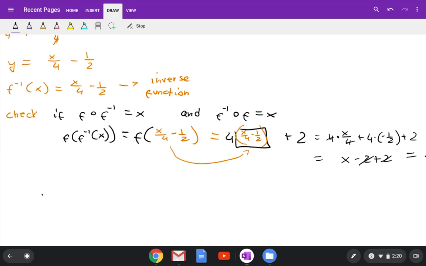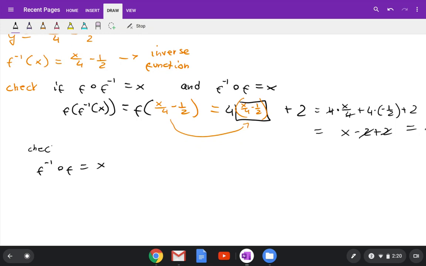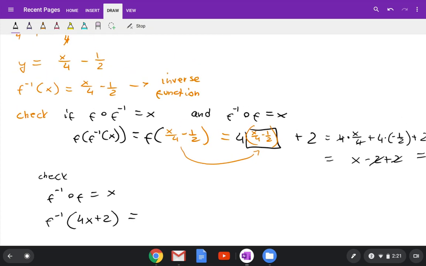Next, I'm going to check if inverse composed with original also is equal to x. So inverse composed with original function. Our original function has the equation 4x plus 2. Our inverse function has the equation x over 4 minus 1/2. So x over 4 minus 1/2, and where we used to have x, we plug in function f.